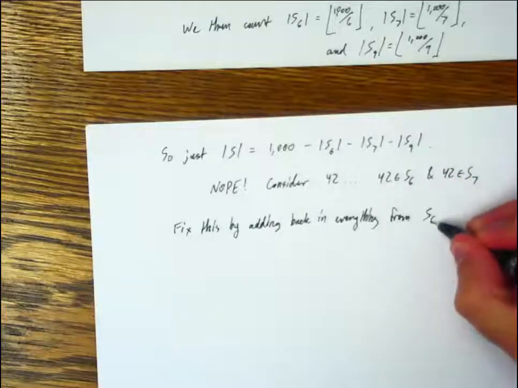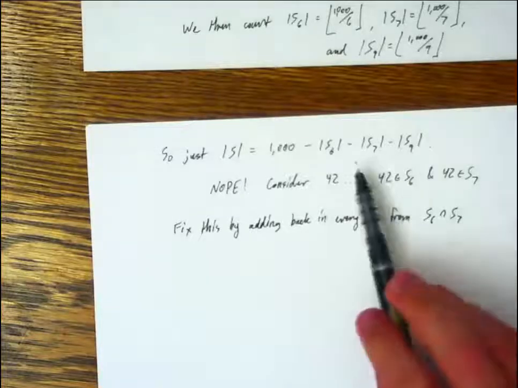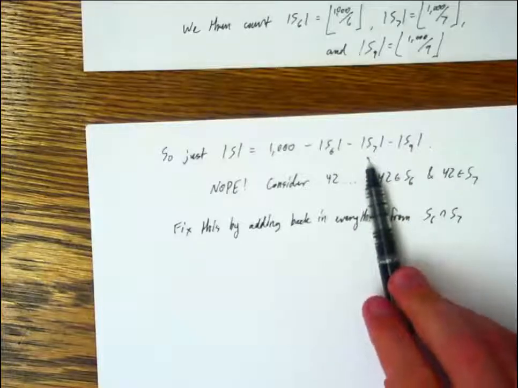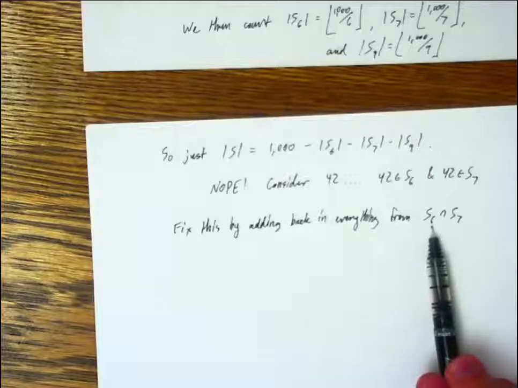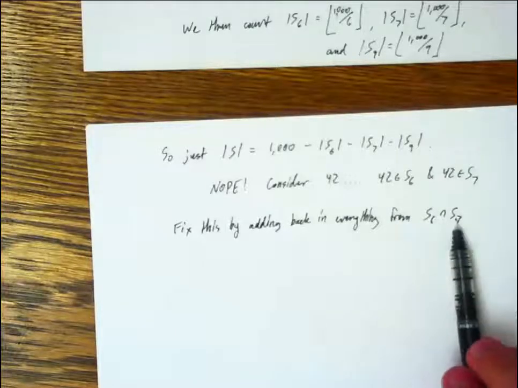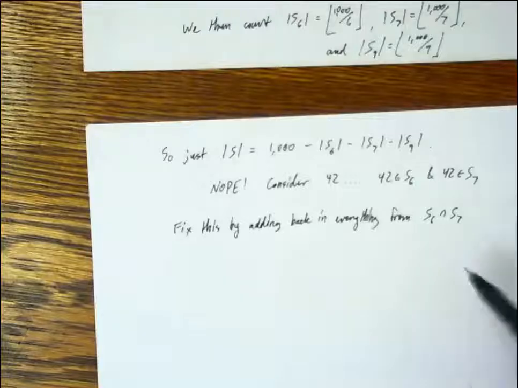from S6 intersect S7. In other words, if I took things out that belong to S6 and I took out the same things that belong to S7, I took them out twice, so I'm going to add them back in. If I pull them out twice, make up for it by adding the things you removed twice back in exactly once.